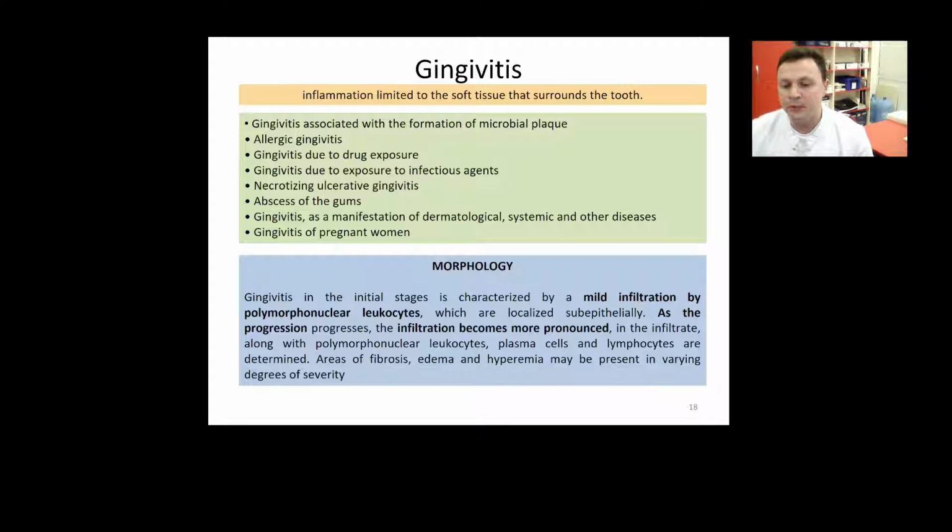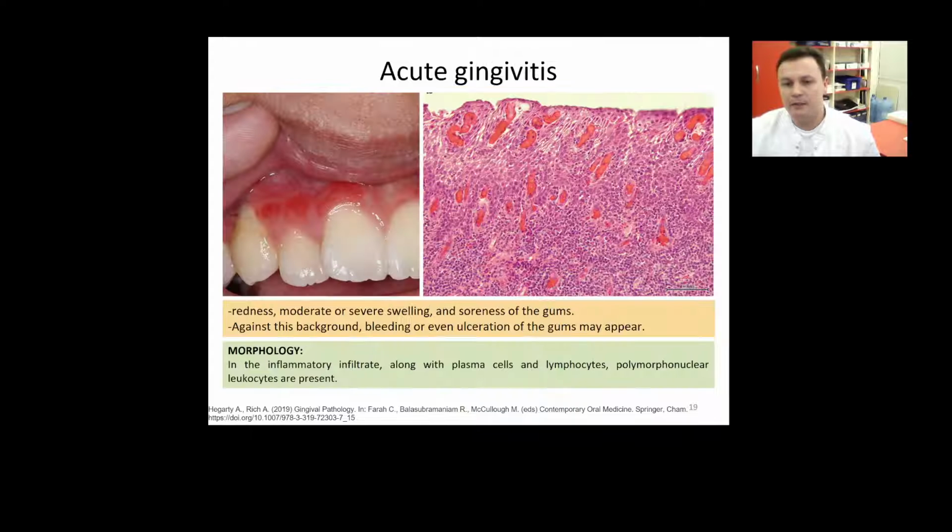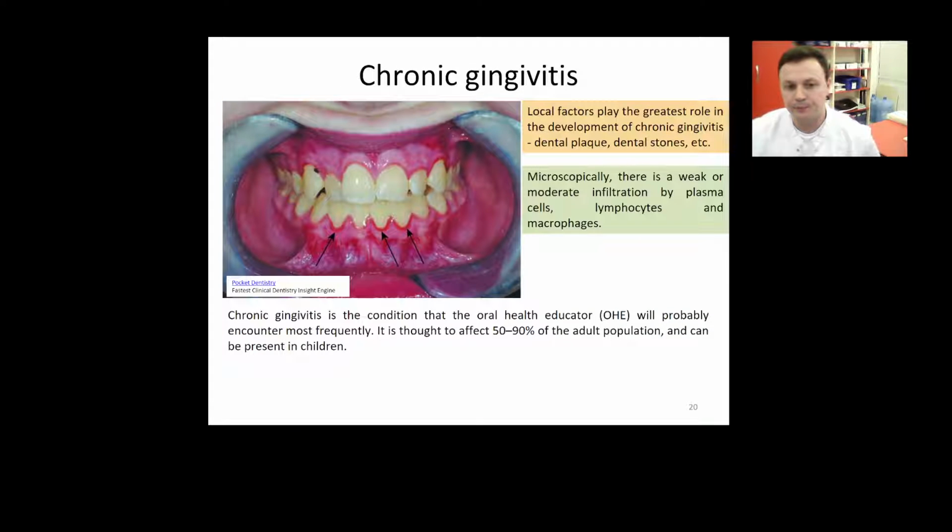Areas of fibrosis, edema, and hyperemia may be present in varying degrees of severity. Acute gingivitis is characterized by clear signs of gum inflammation: redness, moderate or severe swelling, and soreness of the gum. Against this background, bleeding or even ulceration of the gums may appear. In the inflammatory infiltrate, along with the plasma cells and lymphocytes, polymorphonuclear leukocytes are present.